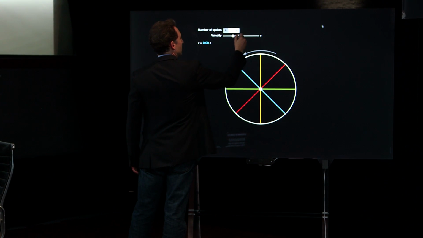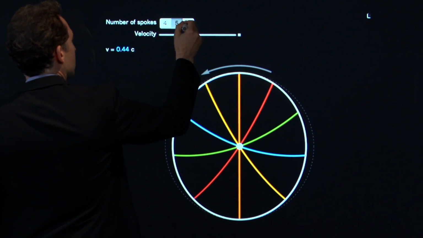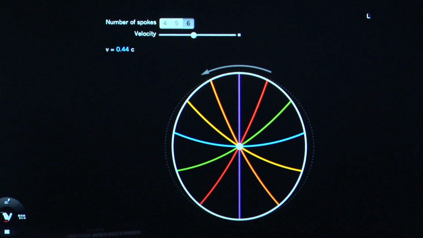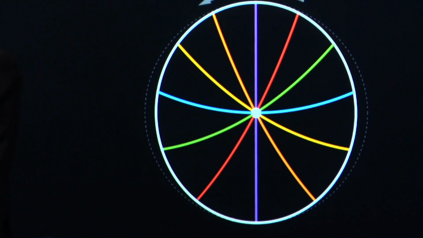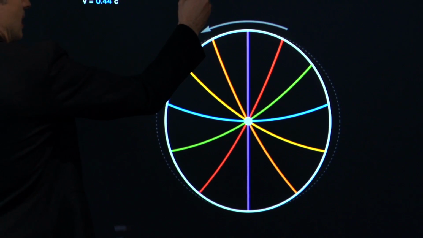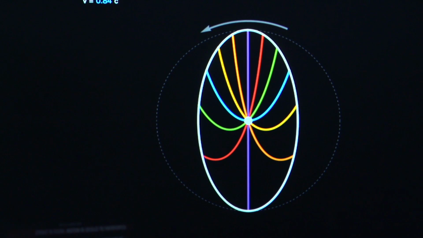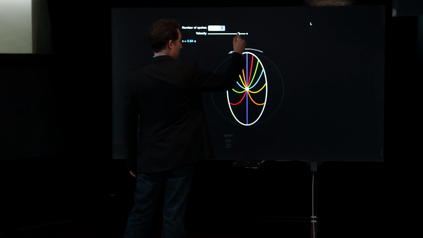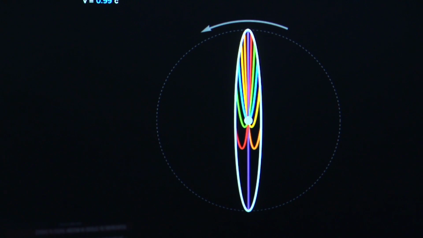Now it's going the opposite direction, but it's the same idea. You can pick the number of spokes that you like, all color-coded. You can see this is a blue spoke, this is a green spoke, and they are all bent, and that effect becomes bigger and bigger. If you had one going by at really high speed, the effect would be really significant.